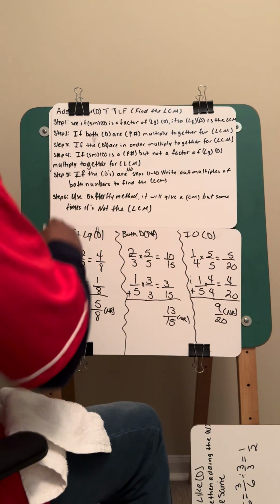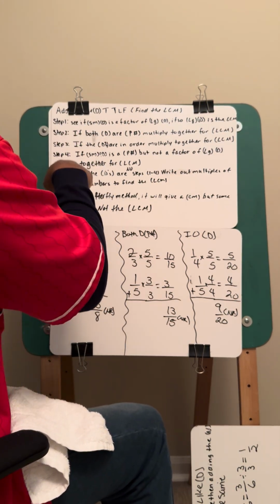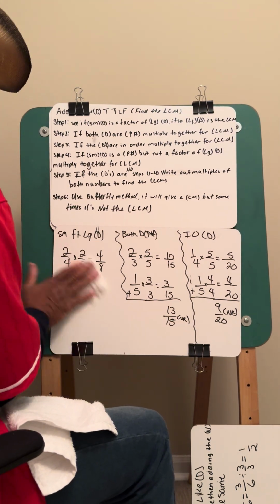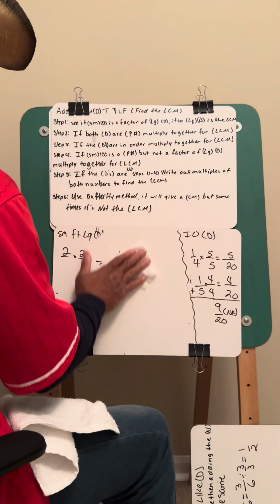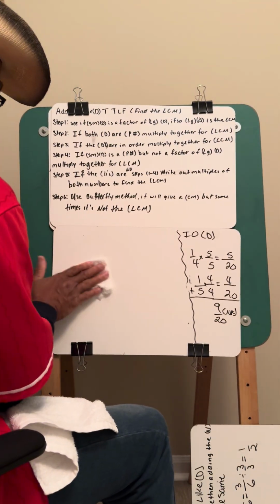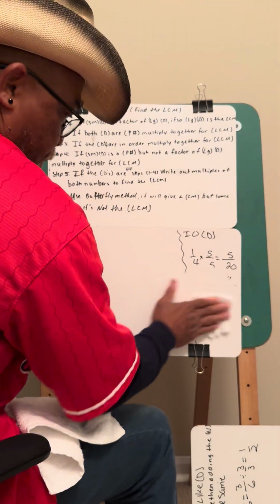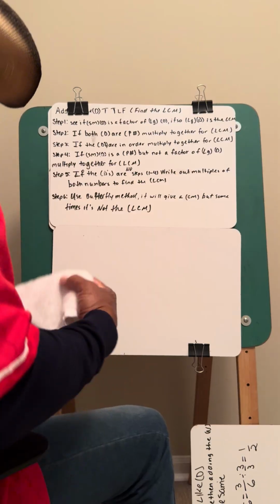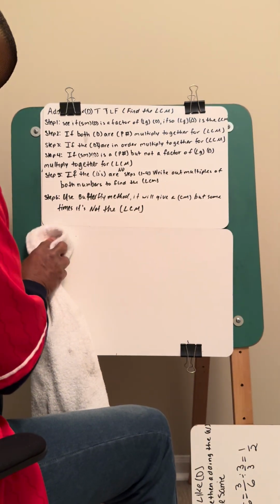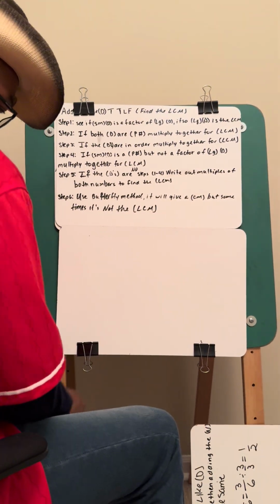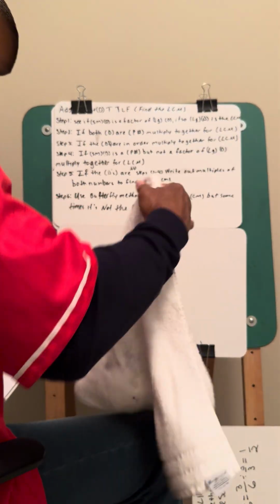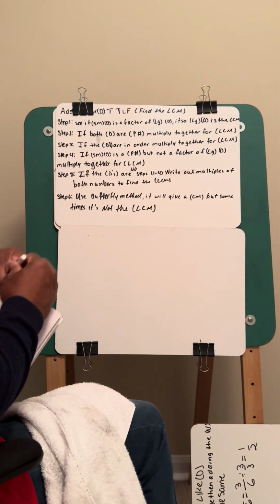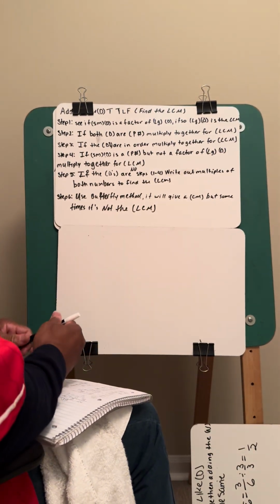All right, so we're going to hit the first three. We're going to do 4, 5, and 6. All right, up next would be 4.